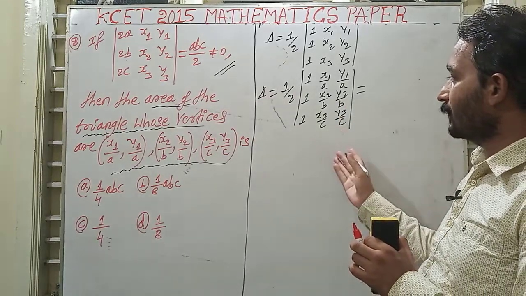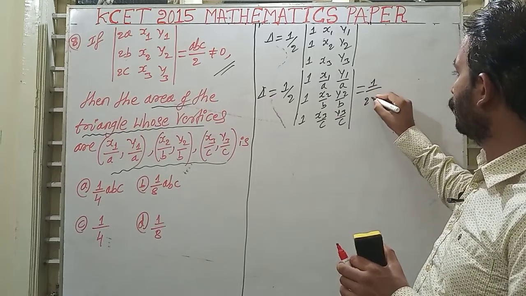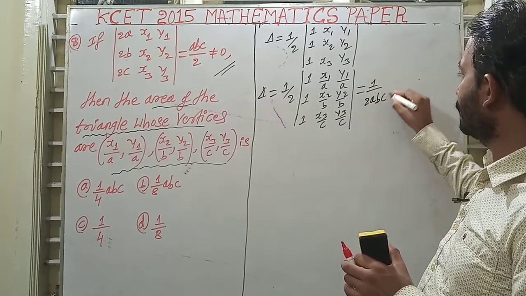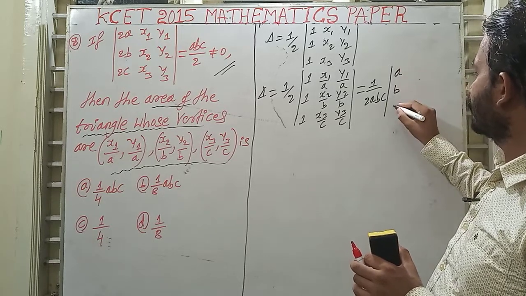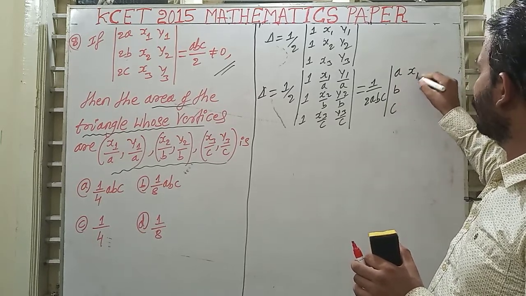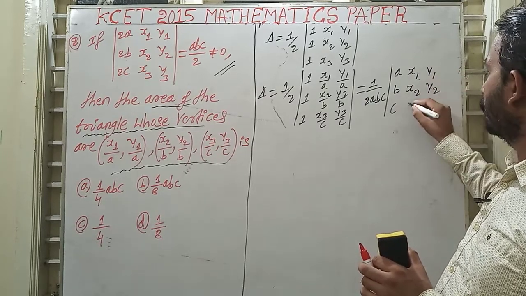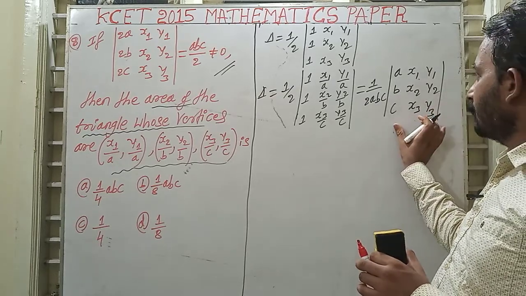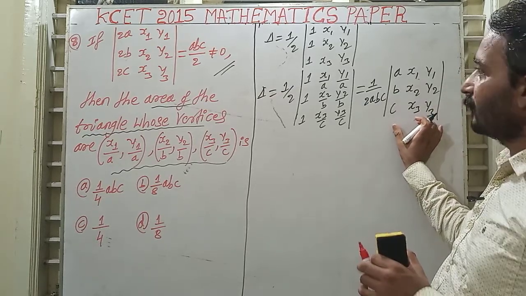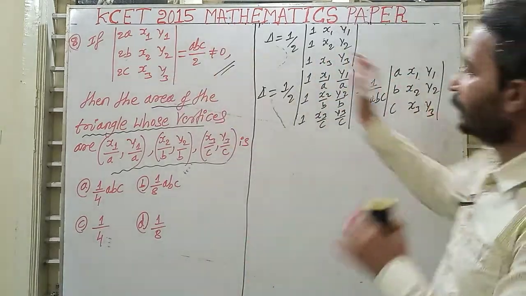In the third row, 1 by c is the common term, take it outside. So it becomes 1 divided by 2abc times the determinant with rows a, x1, y1; b, x2, y2; c, x3, y3. Our intention is to get this determinant in this form, and then substitute the value abc by 2.